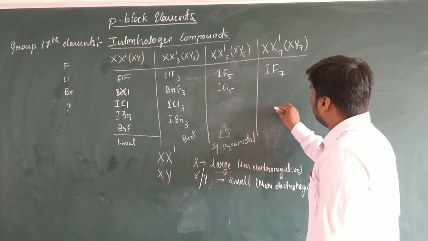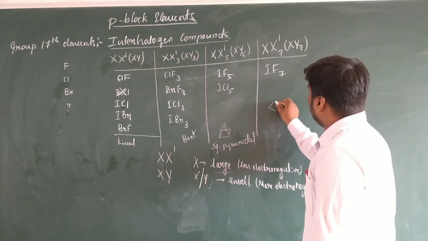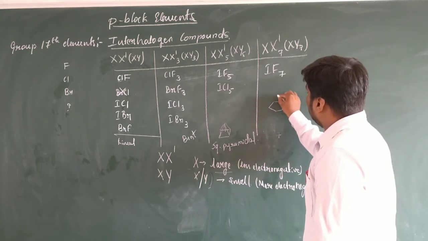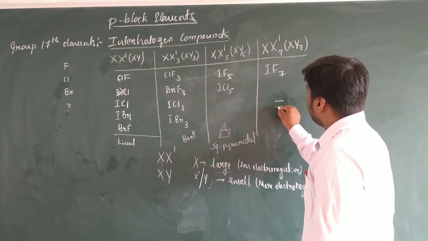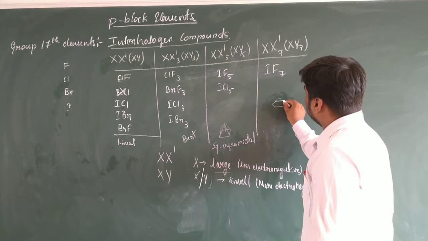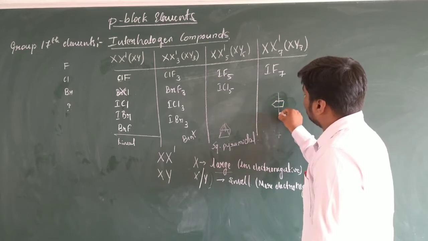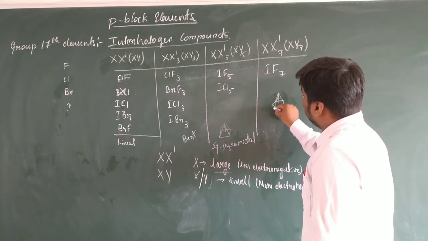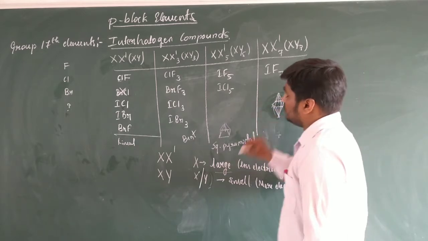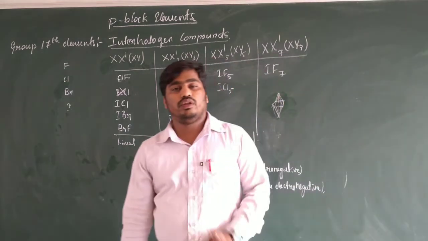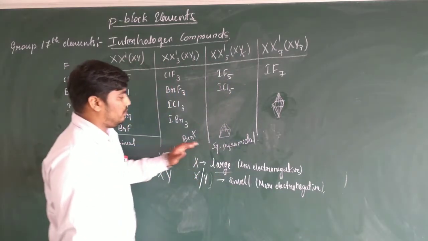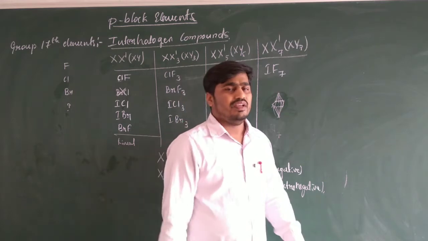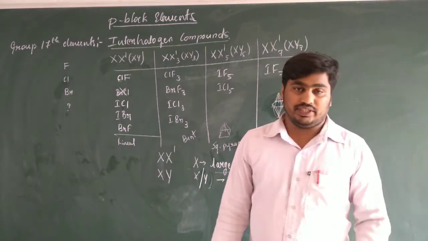Next, here we observe pentagonal bipyramidal. Pentagonal bipyramidal structure, geometry or shape is observed. So these are the different types of shape or geometry we observe, but some exceptional things are there.